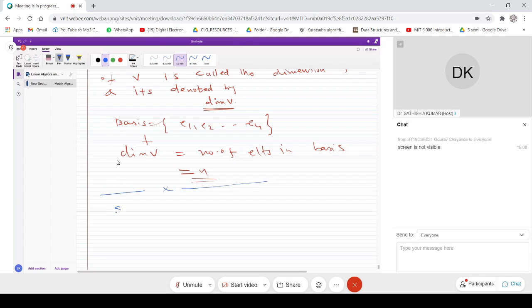Suppose you take S, the usual vectors: 1 comma 0 comma 0, then 0 comma 1 comma 0, and then 0 comma 0 comma 1.